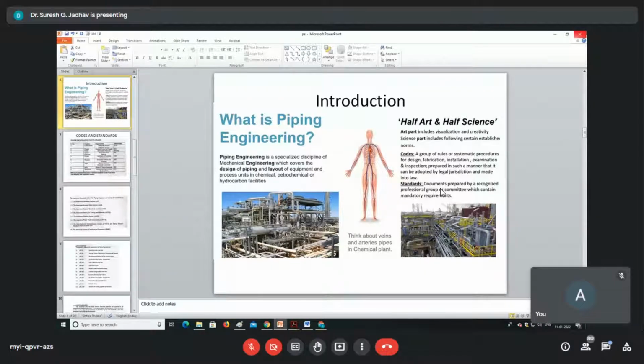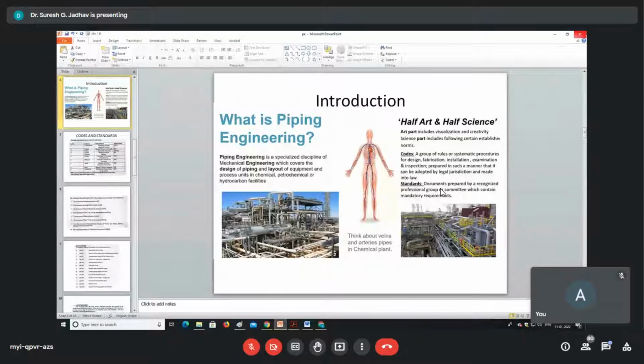Here we can think about veins and arteries: pipes in chemical plants. Why do we call pipes in chemical plants veins and arteries? The piping network in a processing plant is like the network of veins and arteries in our bodies.